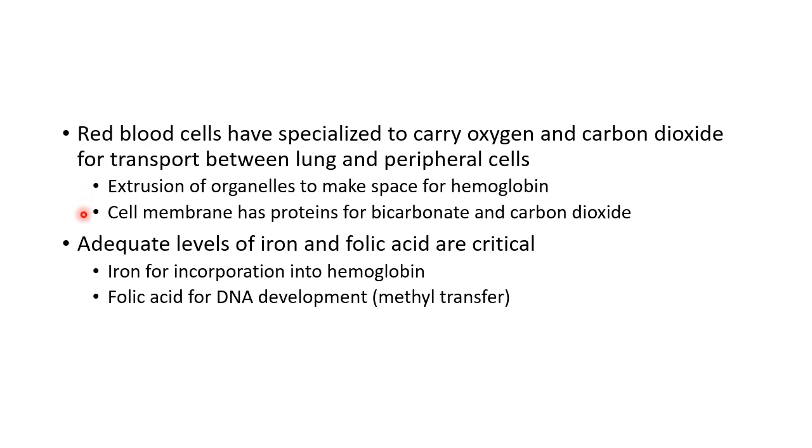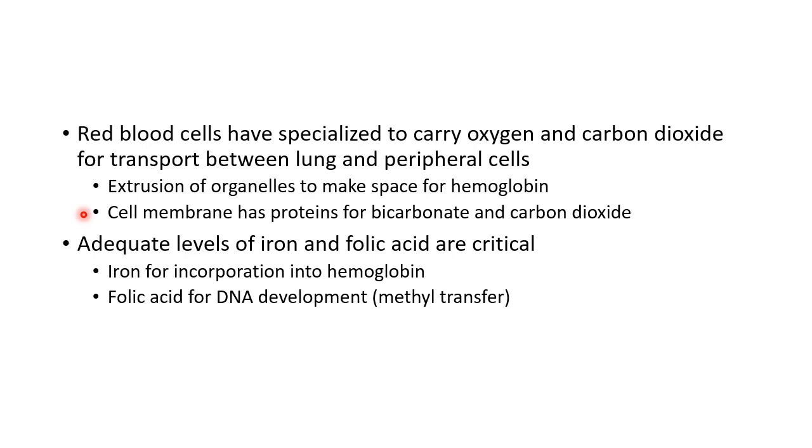Next, the cell membrane of red blood cells has proteins that facilitate the entry and exit of bicarbonate and carbon dioxide. So, for example, the carbon dioxide that is in the peripheral cells is converted to carbonic acid and then to bicarbonate inside or on the surface of the red blood cell.